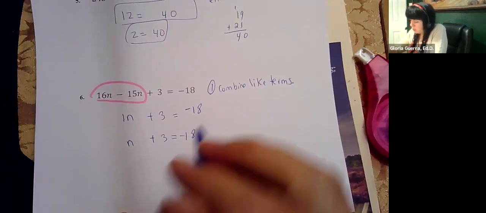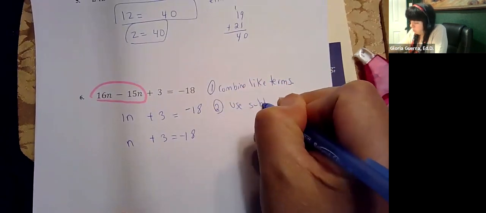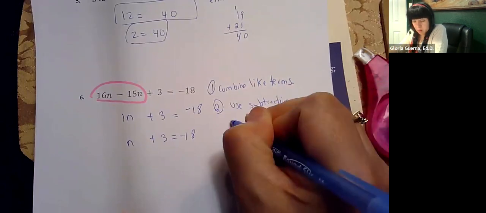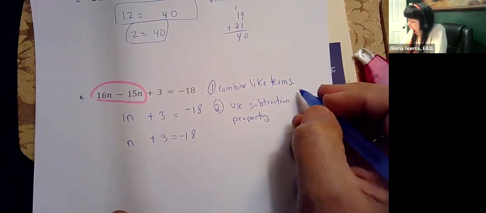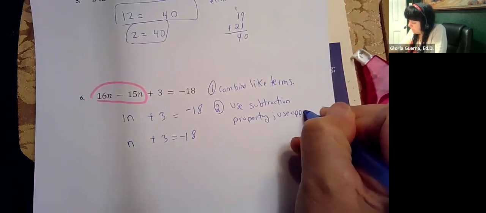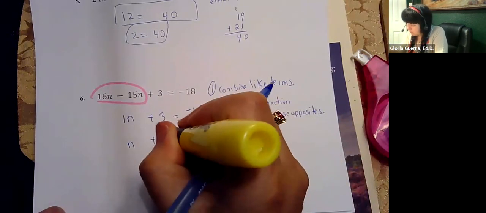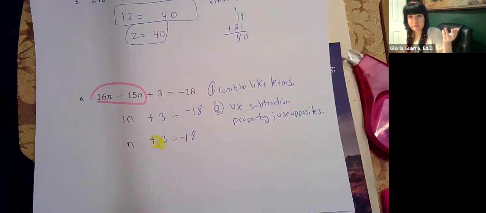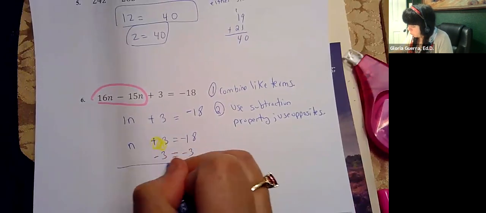Okay, and then now we're going to use the subtraction principle, or property. So you want to use opposites, right, when you do that. You want to move the plus 3 away from the n, and the opposite of the plus 3 is a take away 3.